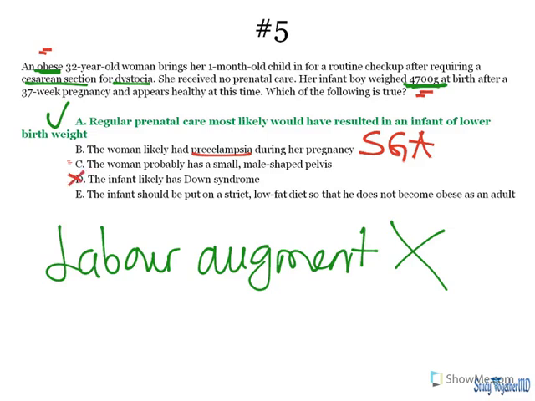And D can be excluded because the birth weight of children with Down syndrome is slightly less than the birth weight of their siblings. So since there's no such difference, we can't say that the infant likely has Down syndrome. Okay? The infant and the diet is a definite no. And that should be it.